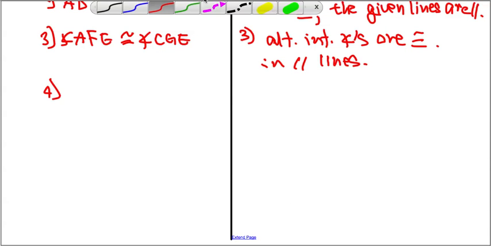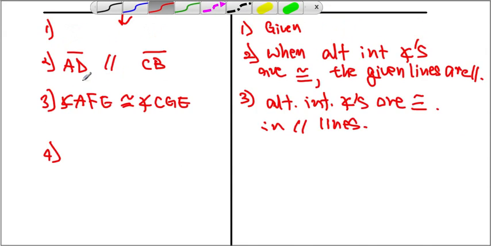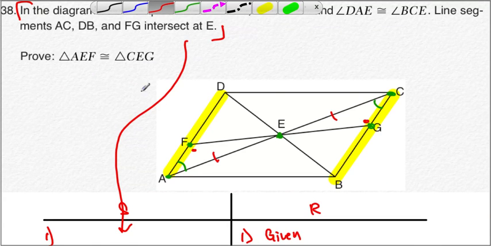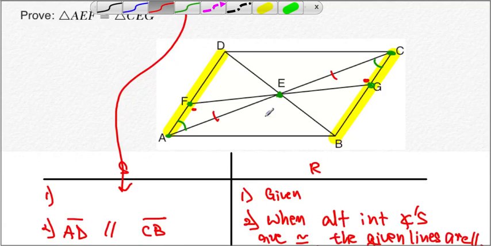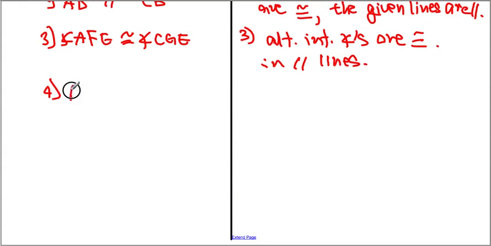Here we have quadrilateral ABCD. ABCD is a parallelogram. Why?